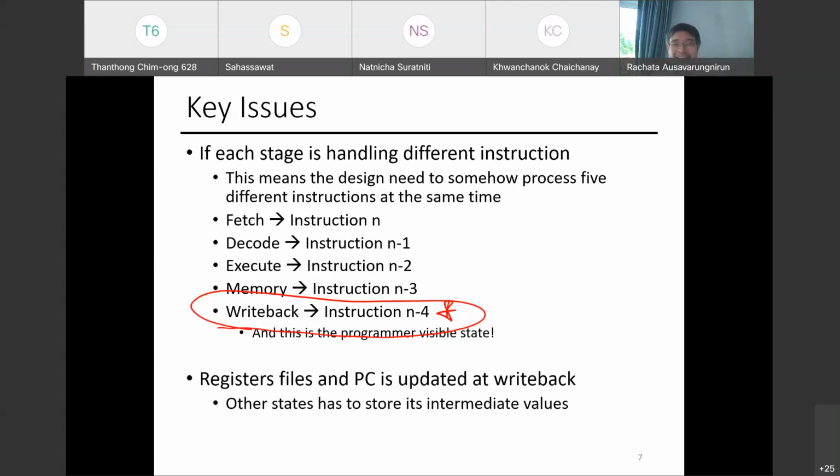As long as they're correct, I don't care. By the way, are you all in agreement that first of all, you need intermediate values? Second of all, the programmer only sees what happened after you finish write back. When you finish write back, the programmer sees, aha, that's my changes. All right.